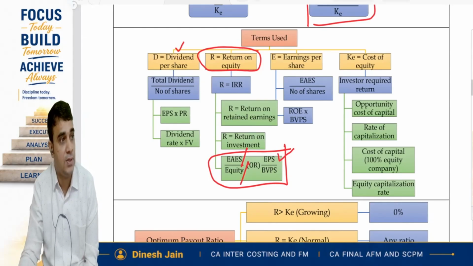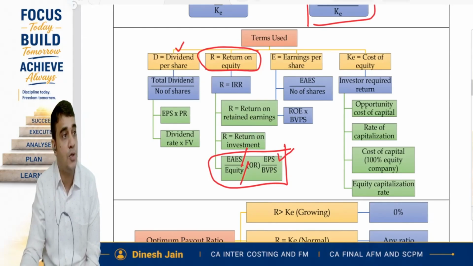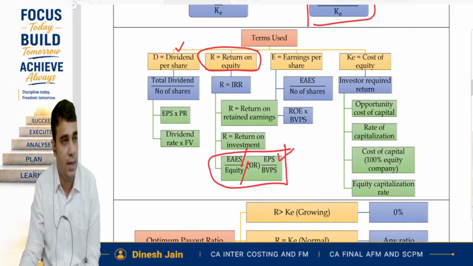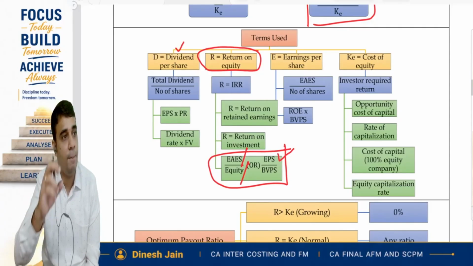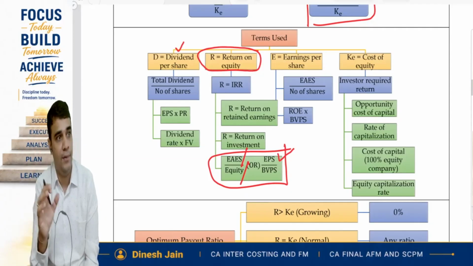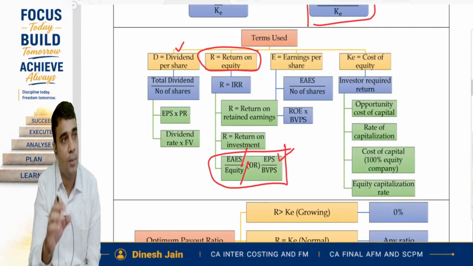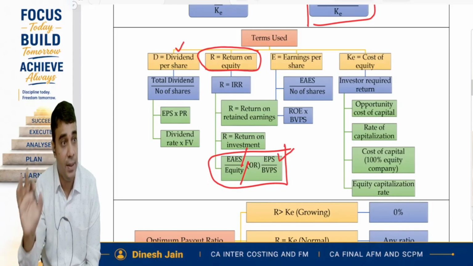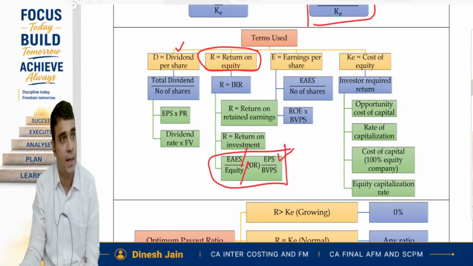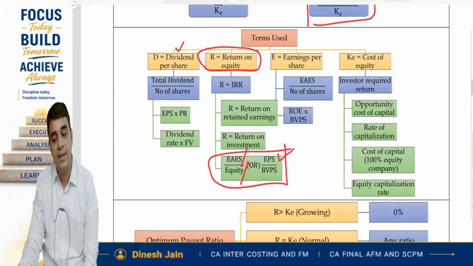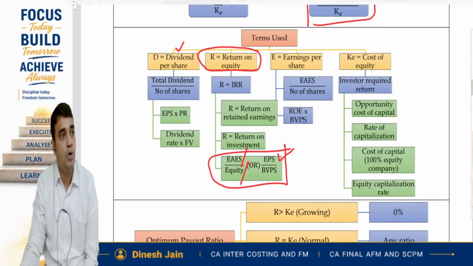We have learned this in ratio analysis. So either you apply this formula at an overall level, or at a per share level depending on the data: EPS by BVPS or EAES by amount of equity.